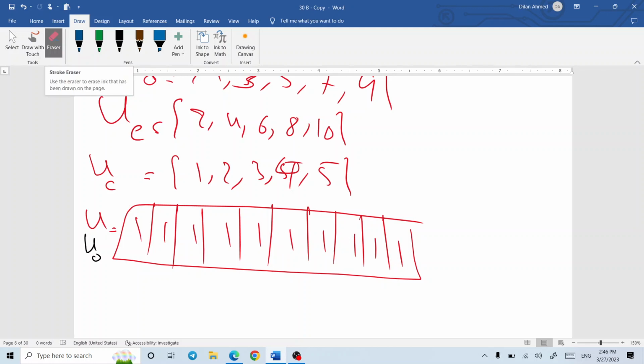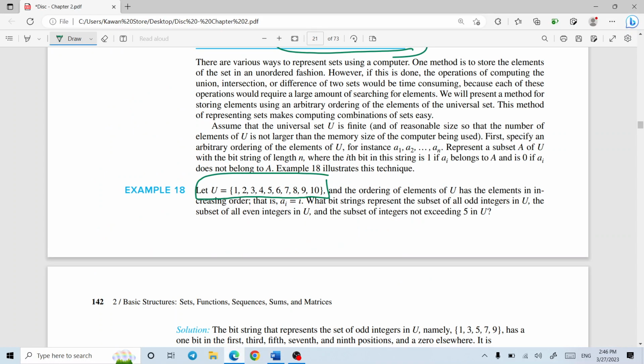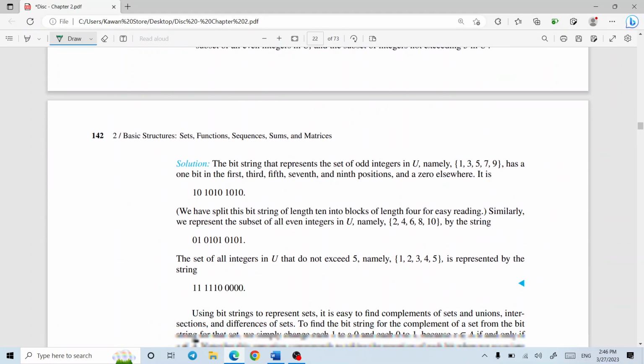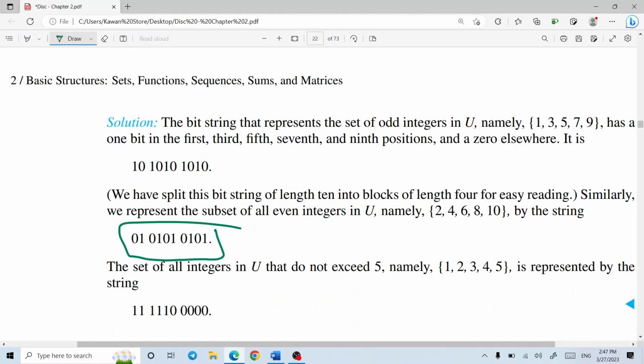So for U_E, I'm going to change the odd positions to 0. Understood? So that's why we have 0 and 1 here. If you see that one and you have the universal set, you know that one is odd, meaning 1 to 9. That one is 2, 4, 6, 8, 10.